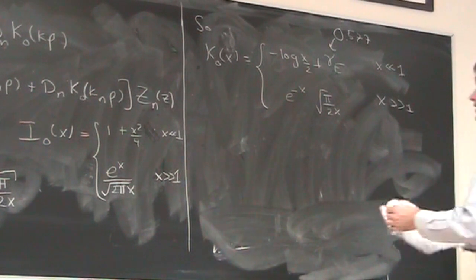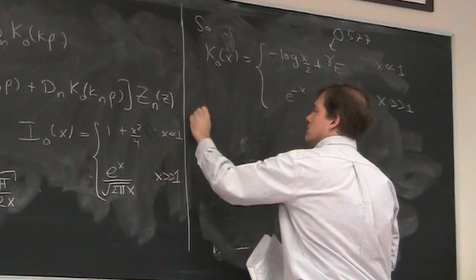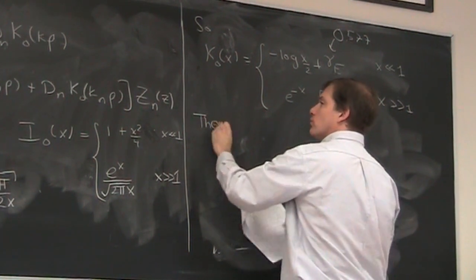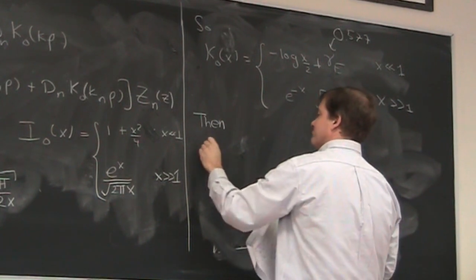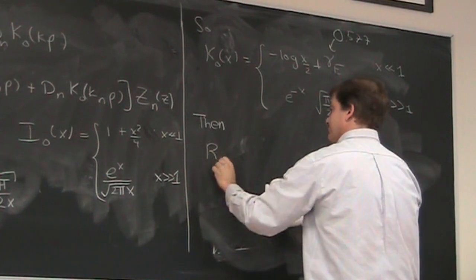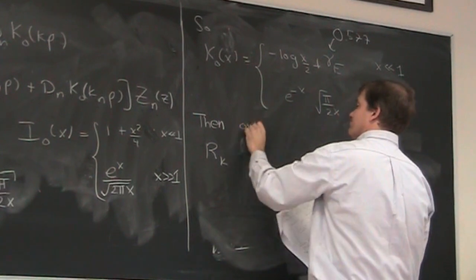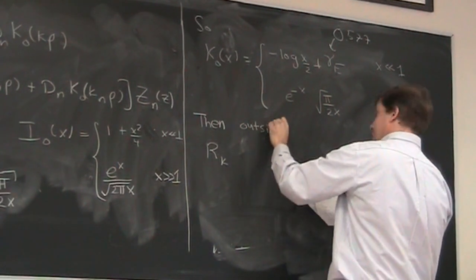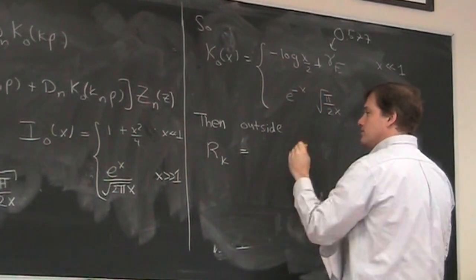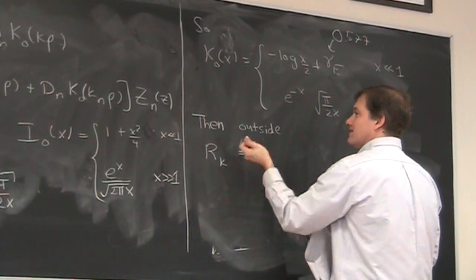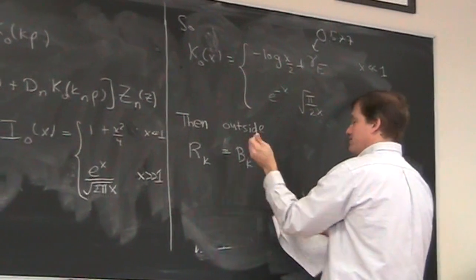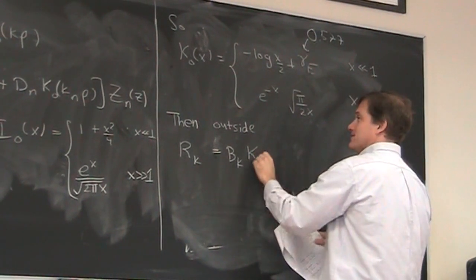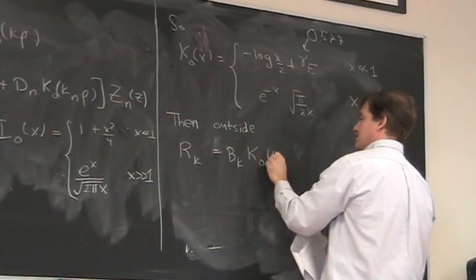So outside, we get phi out, R of k, and I'm going to call the constant b, just so I stick with my notes, but it's just a constant at this point.